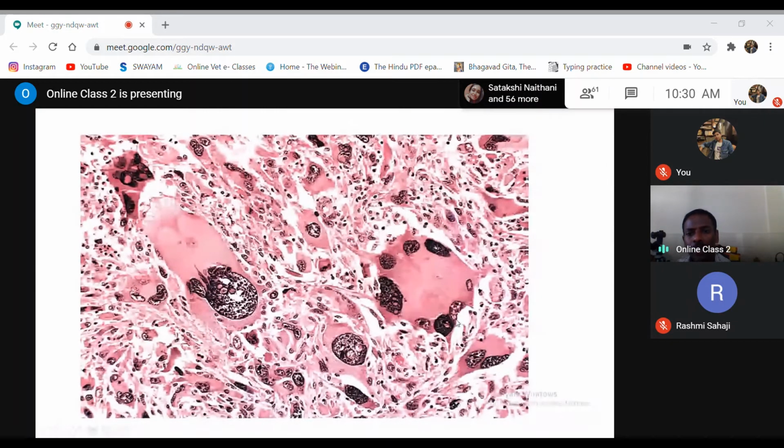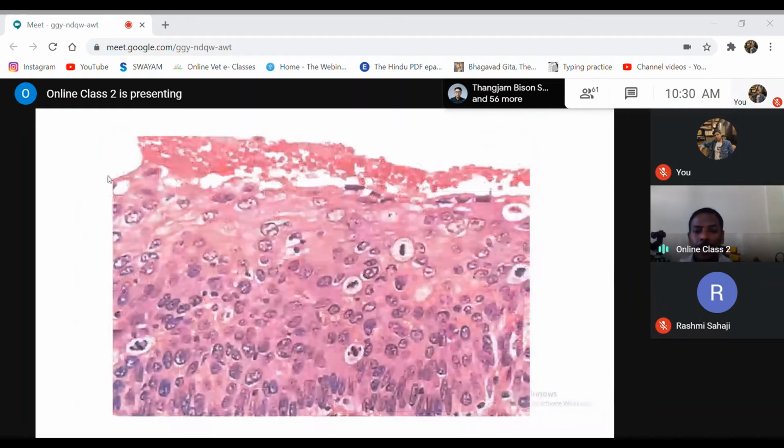In this 1 cell, you can find 1, 2, 3, 4, 5, 6, 7, 8 nucleuses. In this cell, there are 2 nucleus. In this cell, you can see 1, 2, 3, 4, 5, 6. So that is multiple nucleus you can find.